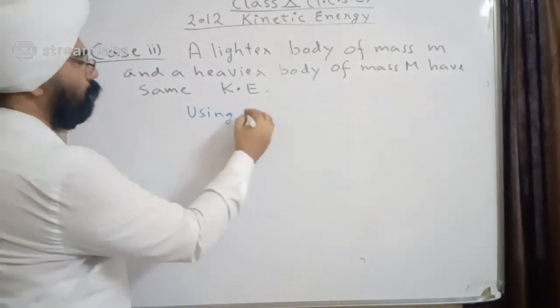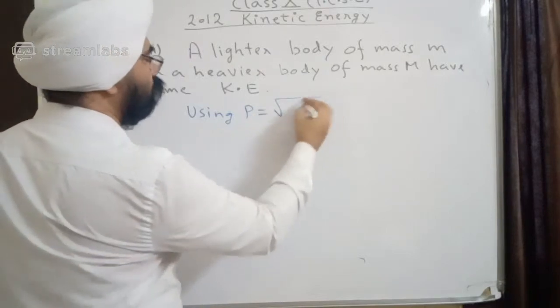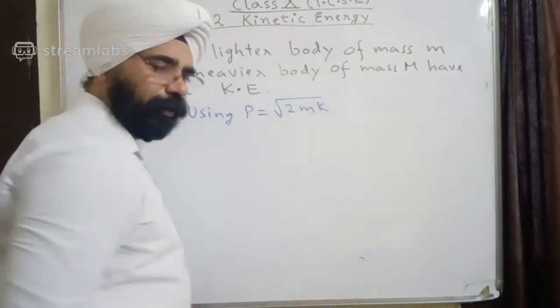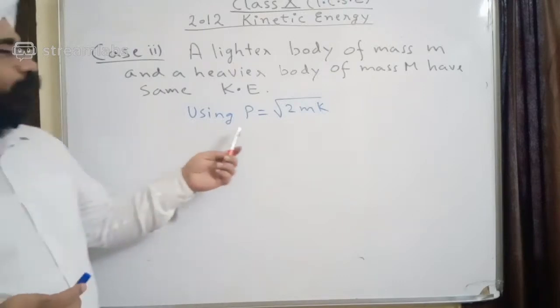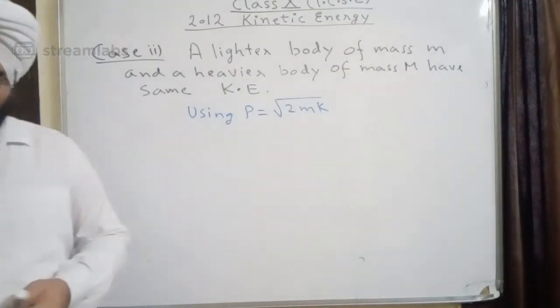Using p is equal to under root 2mK. So don't worry, the expression is p is equal to under root 2mK.